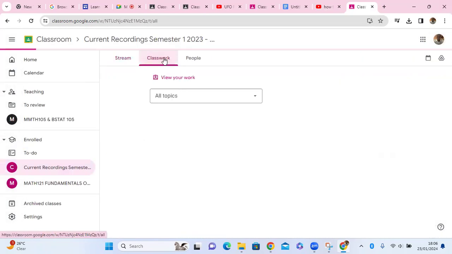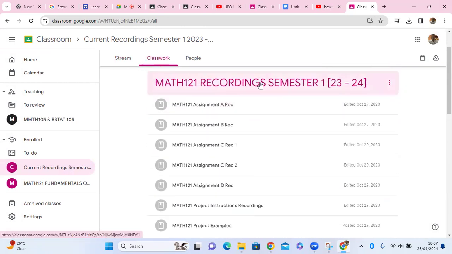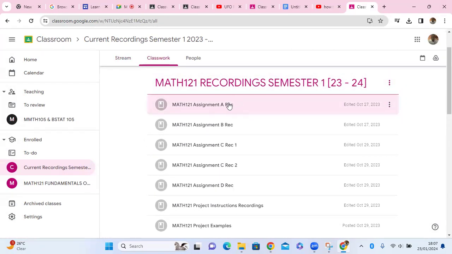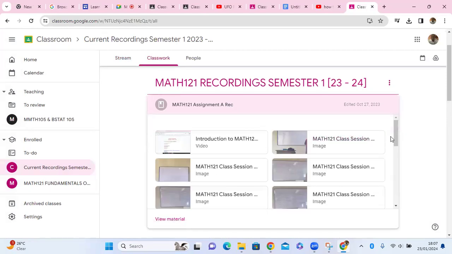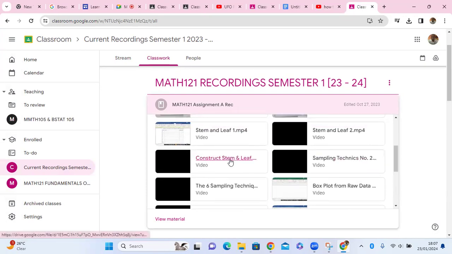You go to classwork and you go to recording. This is for another course that is going on elsewhere in another institution, but the assignments are the same. You can go to assignment A, recordings, and here you have how to construct a stem and leaf. That's my recordings. And you can go there also if you really need to.